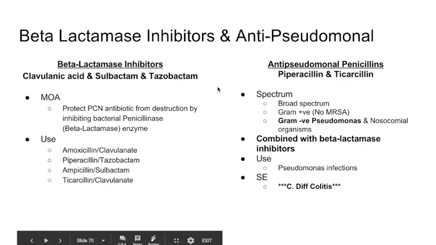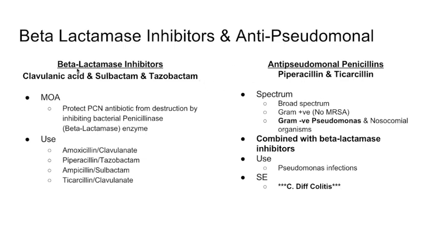The next generation is the anti-Pseudomonal penicillins and the beta-lactamase inhibitors. And we'll talk first about the beta-lactamase inhibitors. And the idea of these is that they protect the antibiotic from being destroyed by the penicillinase enzyme, which is the beta-lactamase enzyme. So they counteract the bacteria's protective mechanism.